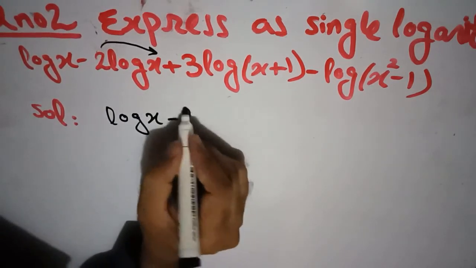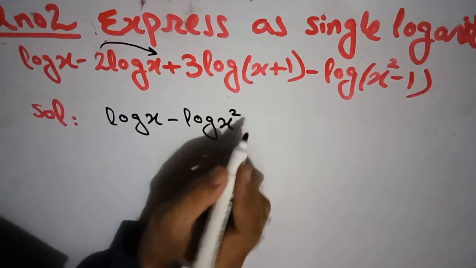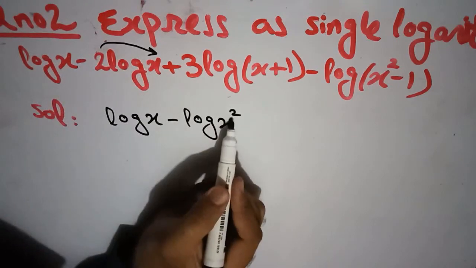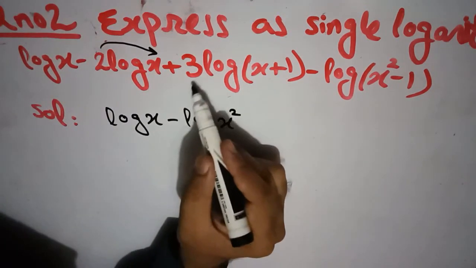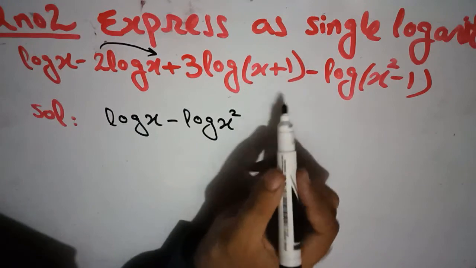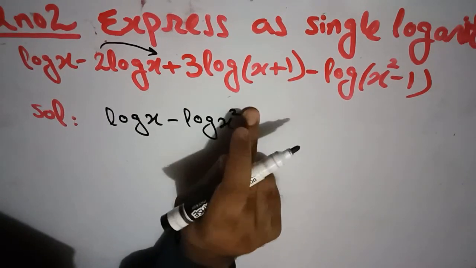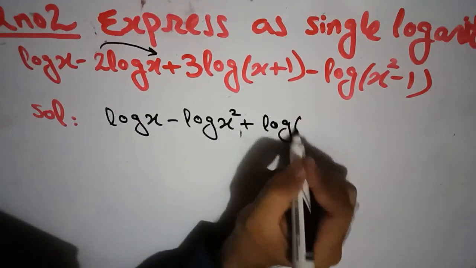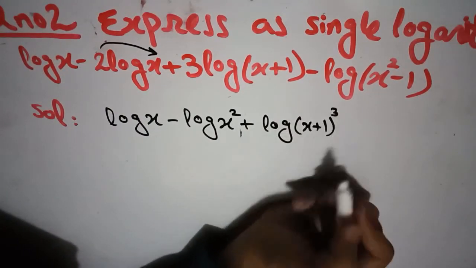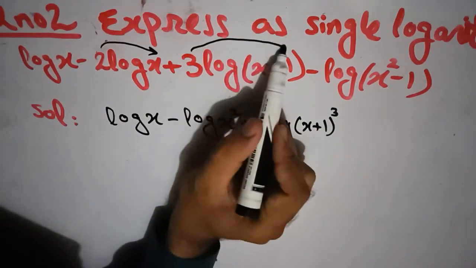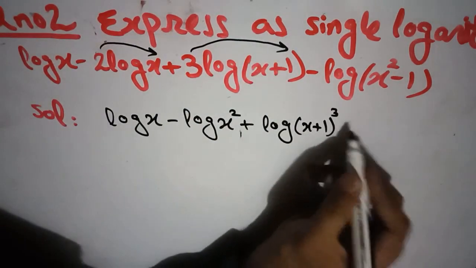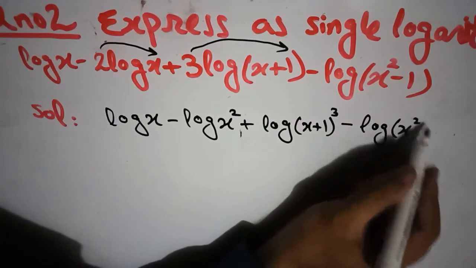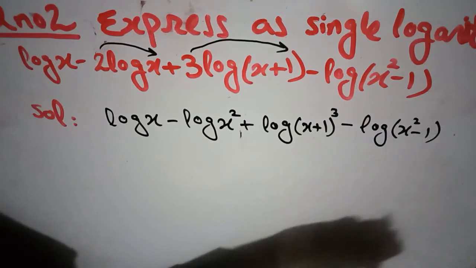So you will write log x square. Similarly for this one, 3 will go to the power of the whole factor, plus log x plus 1's power 3. So it will go to the power of the whole factor, minus. Similarly it will be written as it is.